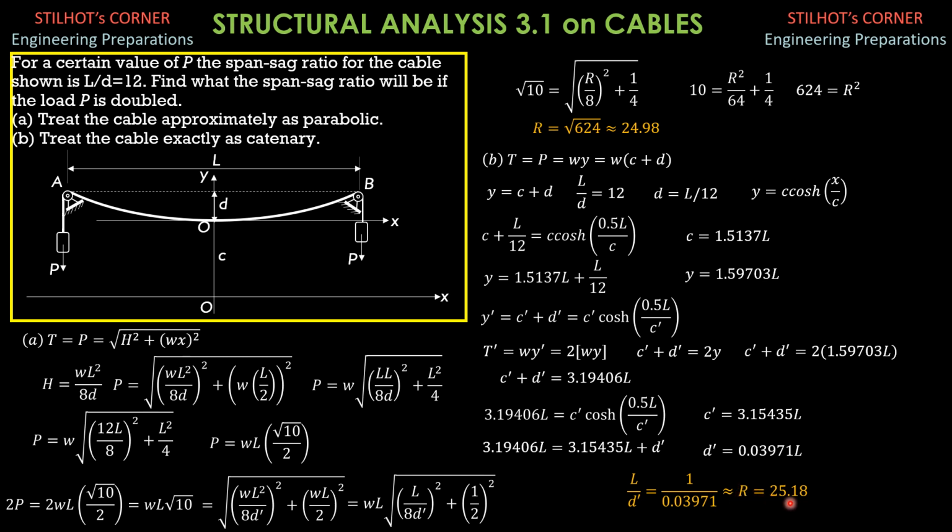So that's the ratio. It's approximately 25.18. So you see that the ratio, if treated as exact cable, which is catenary, is still close to that of the parabolic approximation.